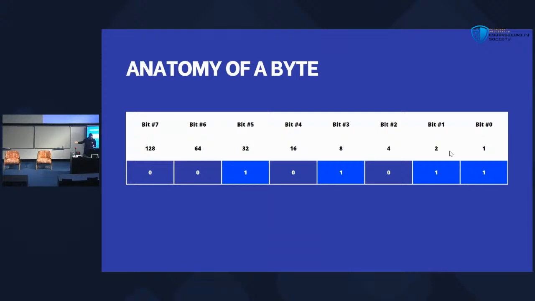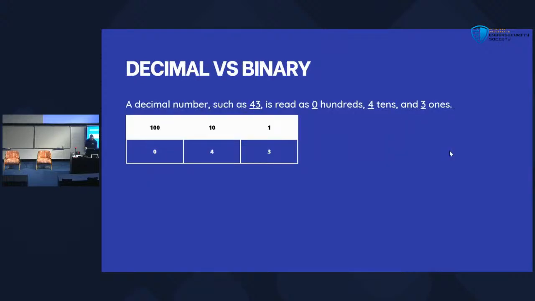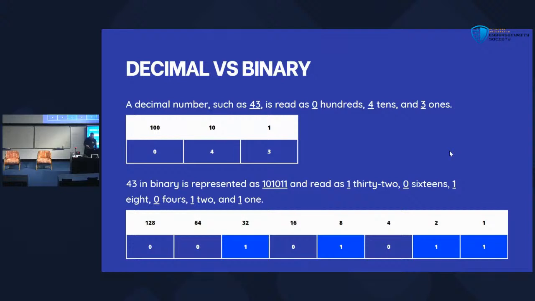It doubles each time. If we look at a number like 43 in decimal, it's read as 0 hundreds, 4 tens, and 3 ones. In binary, though, that would be 101011, where it has 1 32, 0 16s, 1 8, 0 4s, 1 2, and 1 1. And if you sum up all of those, then you'll get to 43.